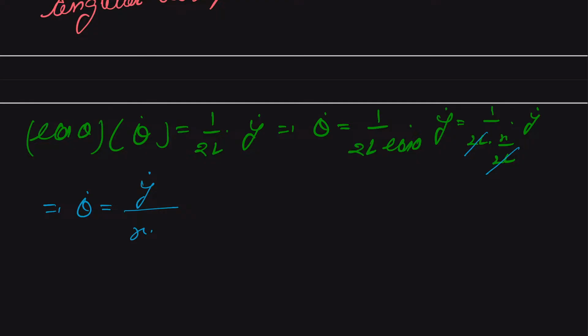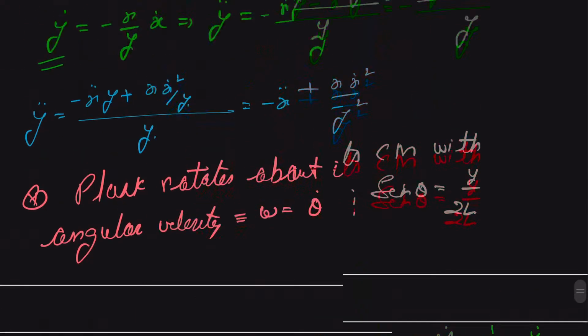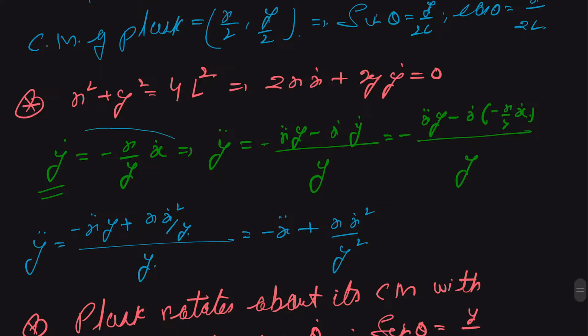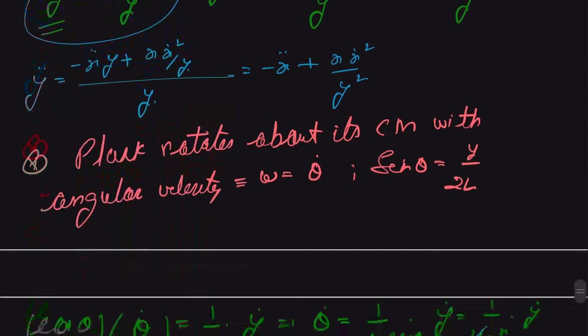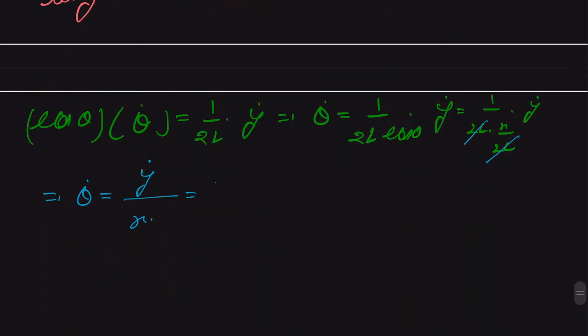But we know that our y single dot is given by this relationship. So we substitute it here, we get this as 1 upon x times this, again is minus x upon y, and we have our x single dot, and here x and x cancel out, and this will equal minus x single dot upon y.